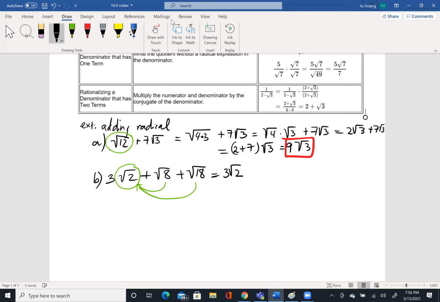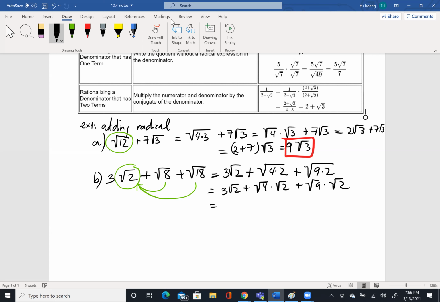Let's start with square root 8 becoming square root of 4 times 2. And the second one is going to be 9 times 2, right? And I can rewrite it as 3 square root 2 plus square root 4 times square root 2 plus square root 9 times square root 2.